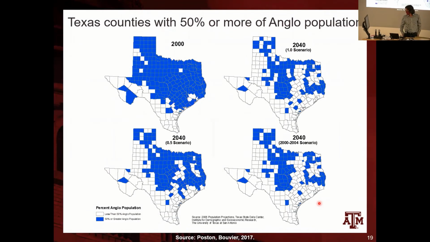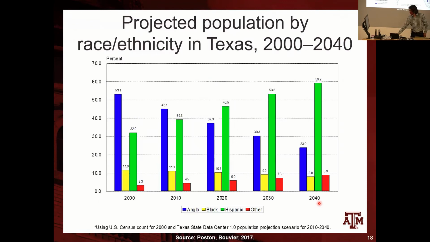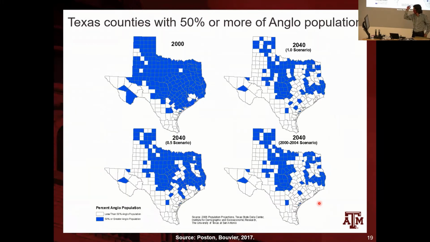And that data is for the state as a whole. If you look at specific counties, here you have the Texas counties with 50% or more of Anglo population. I don't understand why people here in the US have all these issues with colors, but the blue here are areas with 50% or more of the non-Hispanic white population.